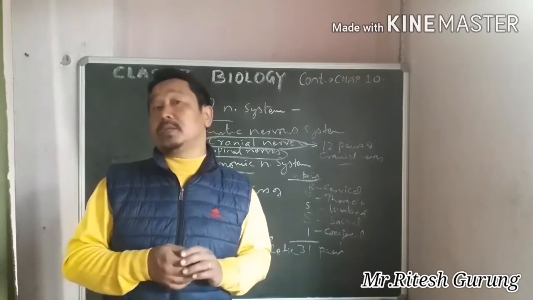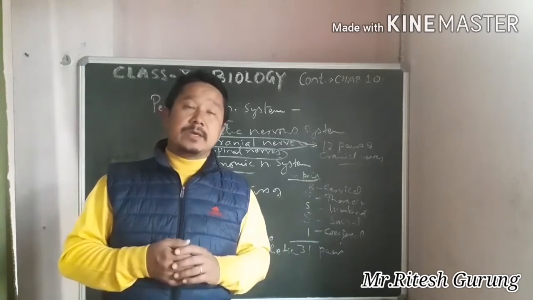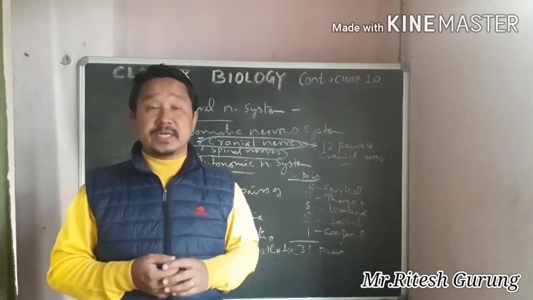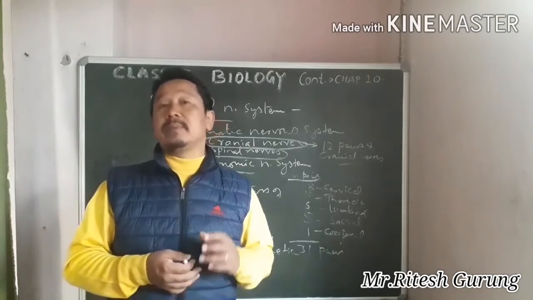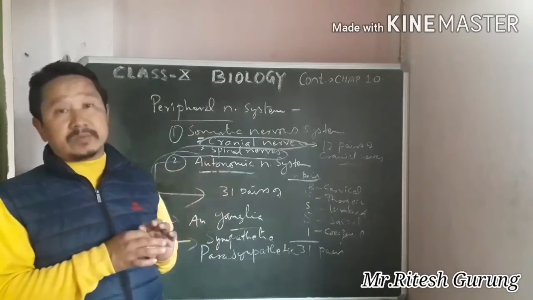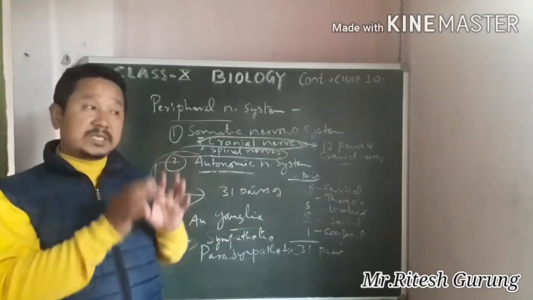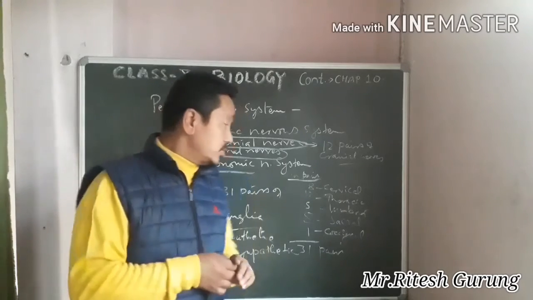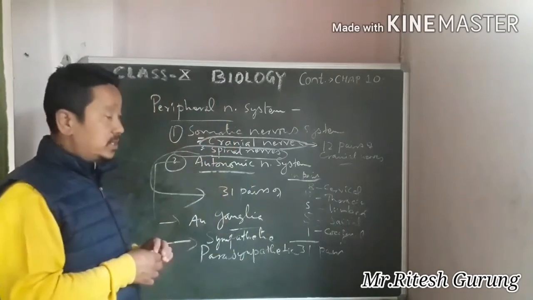It will cause a lot of health issues, like hypertension, where blood pressure may be increased, and stomach ulcers may be caused by such emotions over a long period, because these emotions affect our autonomic nervous system. So this is all about your autonomic nervous system.